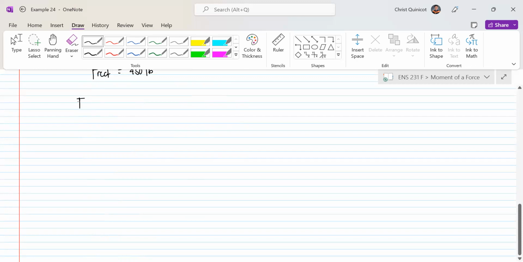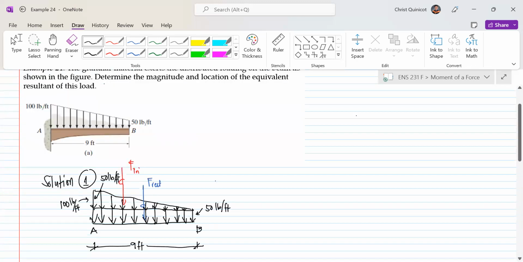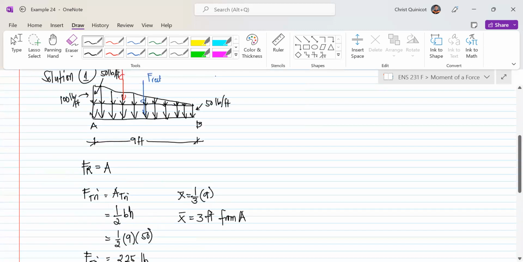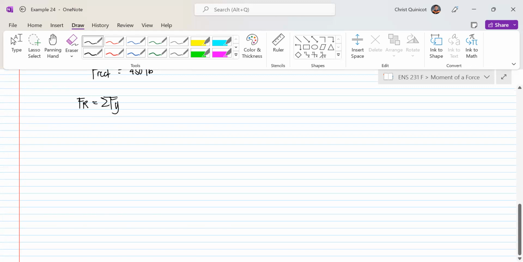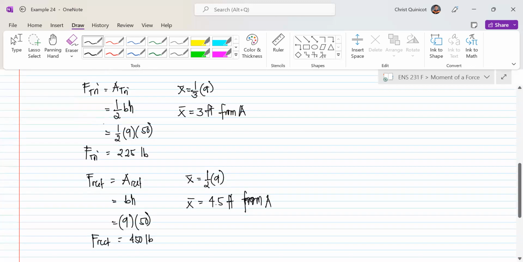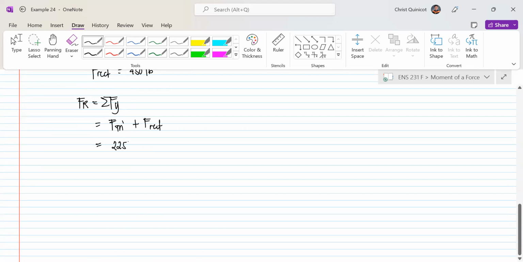Now we will calculate the resultant. F sub R is equal to the sum of all forces in the Y. Like I said, I don't have to assume the direction, because by inspection there is no other force acting on our body, only downward forces. So our resultant force goes downward. It is the force of our triangular loading plus the force of our rectangular loading: 225 plus 450 is 675 pounds.